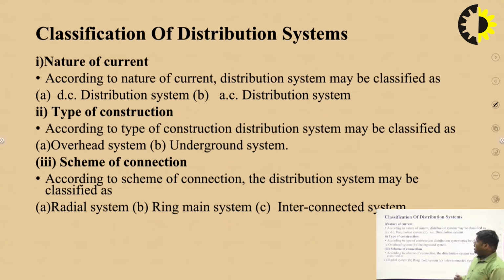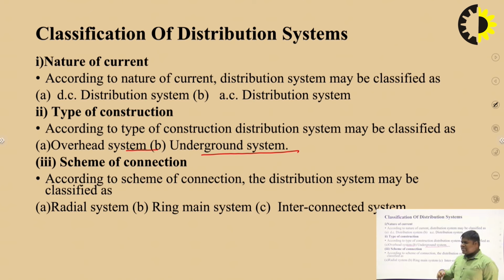Another thing is the different classifications of distribution system. Depending upon the nature of current, it is divided into two parts: DC distribution system and AC distribution system. If we talk about types of construction, it is the overhead system and the underground system.